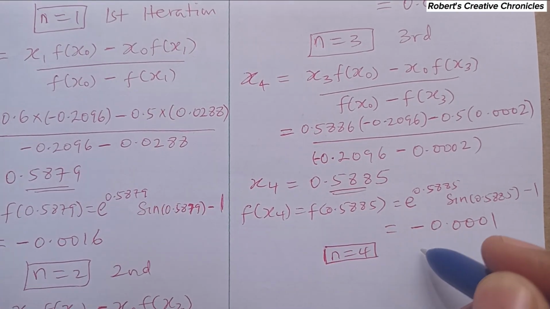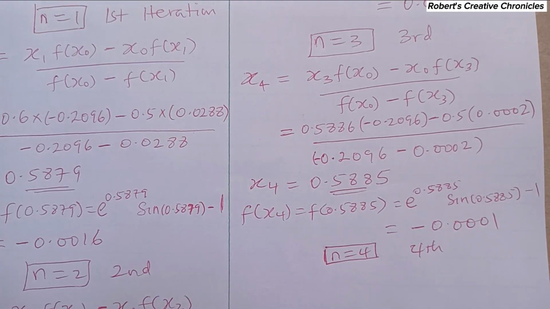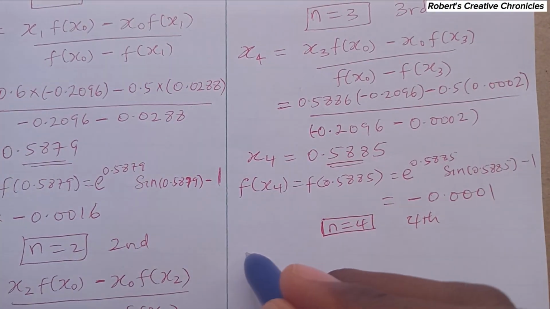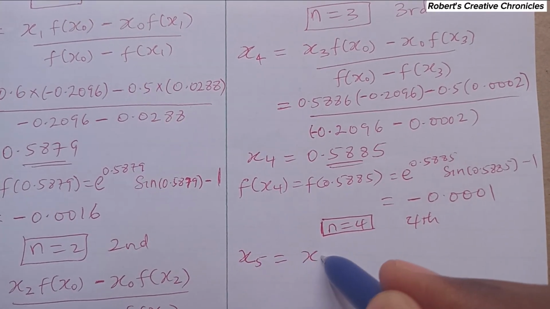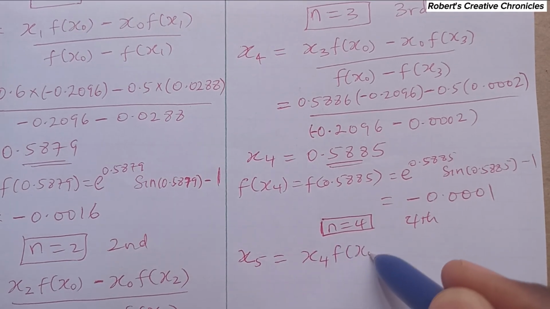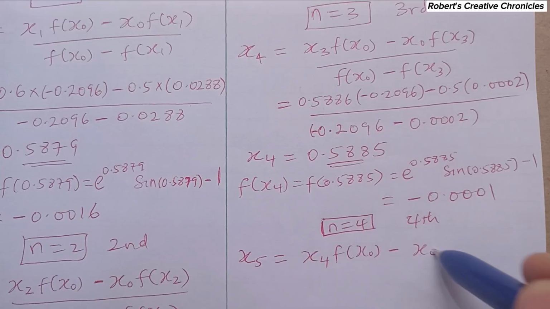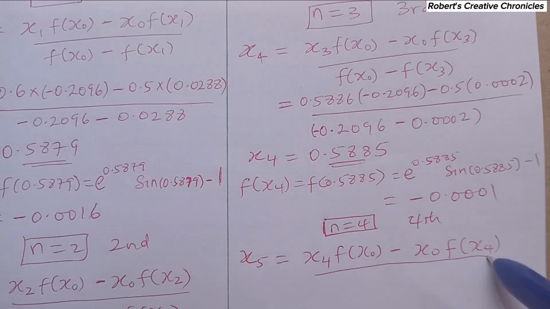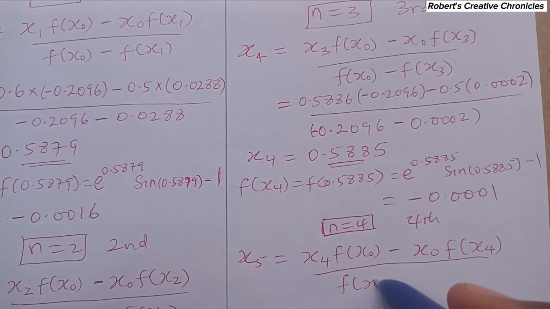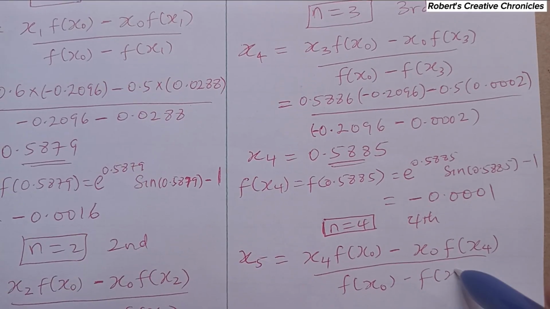n is equal to 4. This is the 4th. So now x5 is equal to x4 f(x0) minus x0 f(x4) over f(x0) minus f(x4).